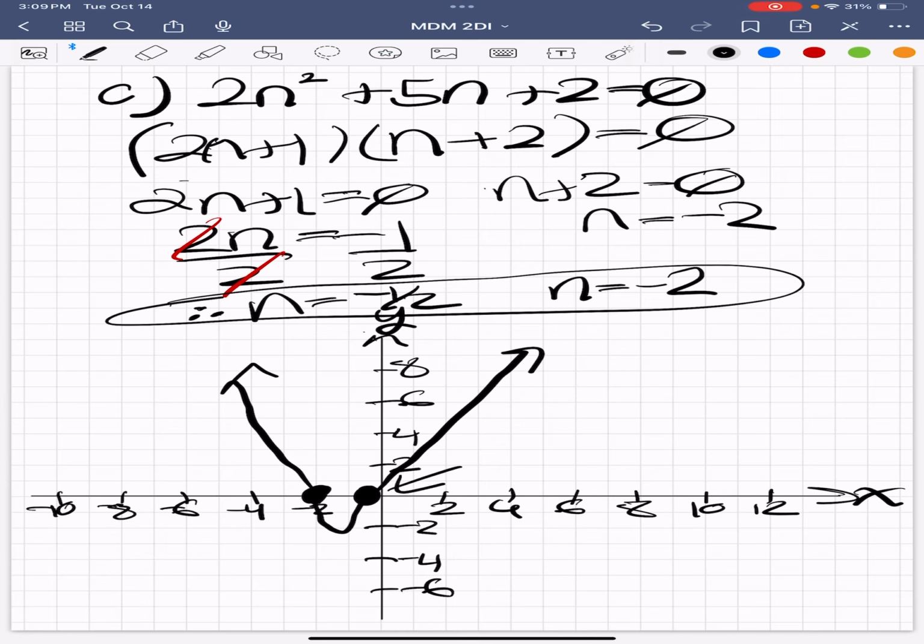So that would be (-1/2, 0), that's an x-intercept, and then we have (-2, 0), that's an x-intercept as well.